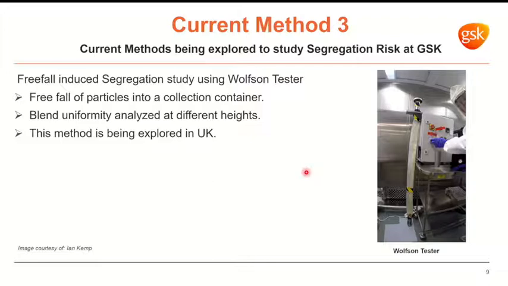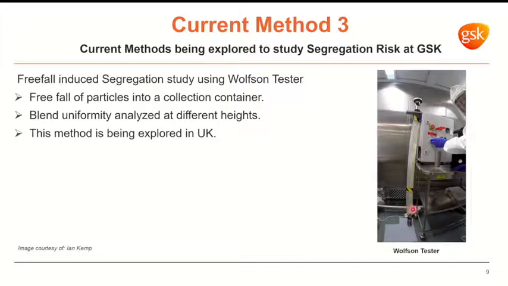The third method, which is currently being used in the UK, is the Wolfson tester. It's very similar to the free fall method. As you can see over here, the blend is put in this little silver plate on the top, and it is made to undergo a free fall through this sieve or this tube or this column, and the free fall is going to induce segregation in the particles.